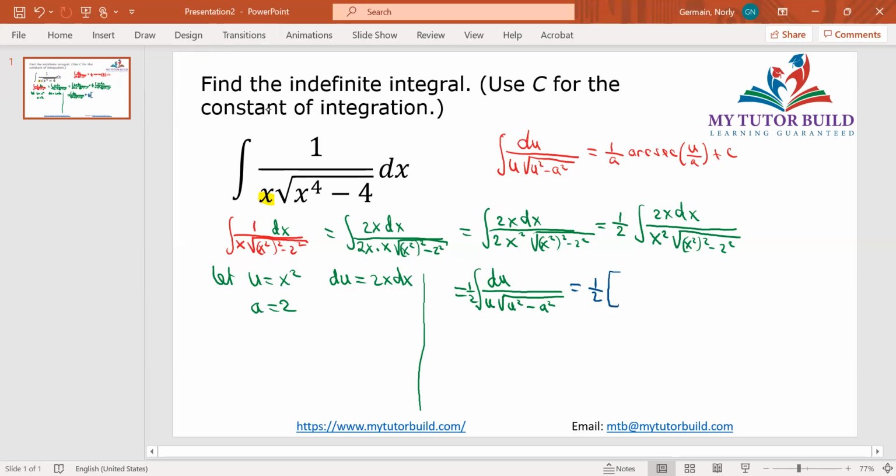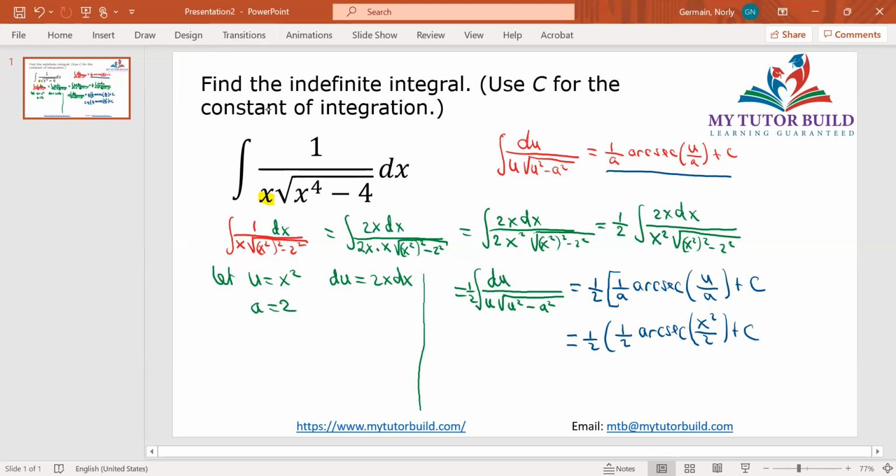So we simply use that formula: 1 over a arc secant of u over a plus the constant c. Now I know what a is and I know what u is, so I can simply substitute. I have 1/2 times 1 over 2 arc secant, u is x squared over 2, plus c.